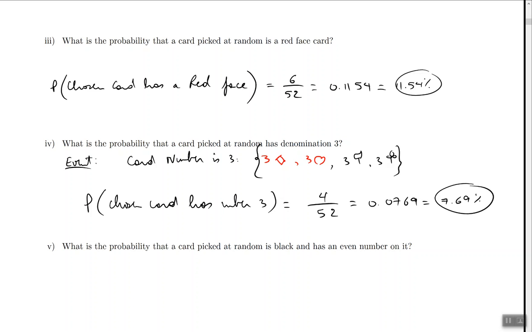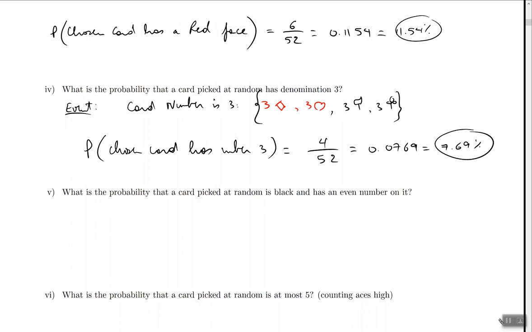Okay, so let's take a look at the probability that a card picked at random is black and has an even number on it. So let me start by first describing the event. Okay, so in order to get the probability, I need to know what the event looks like first.